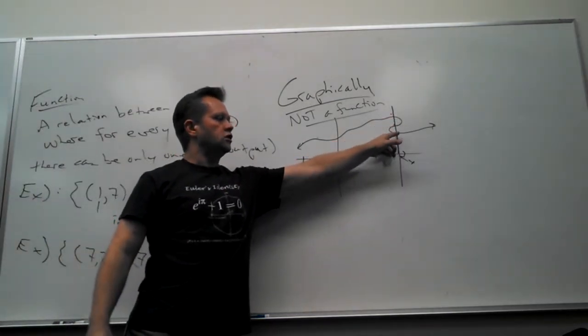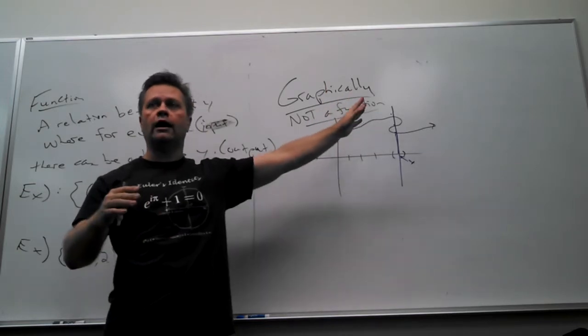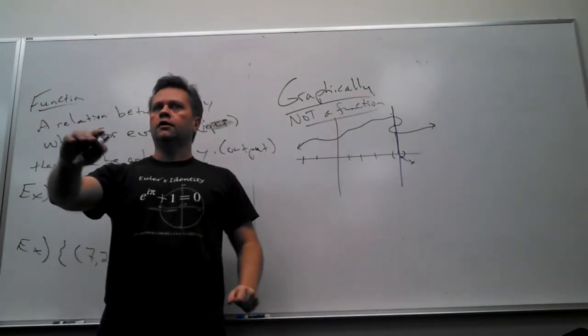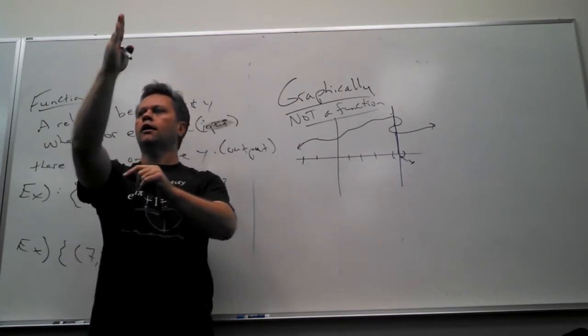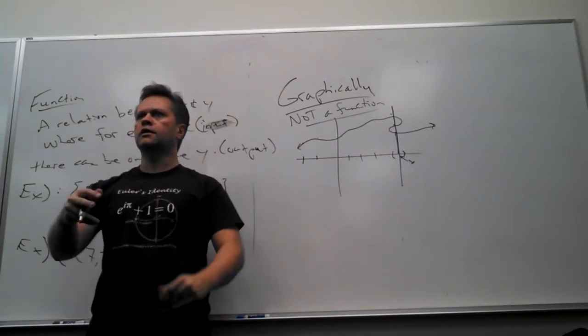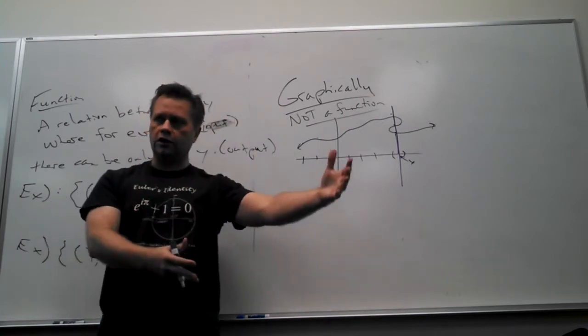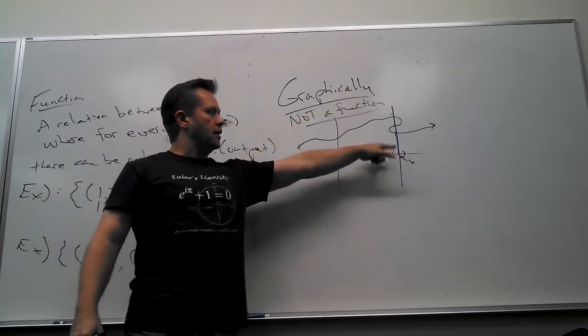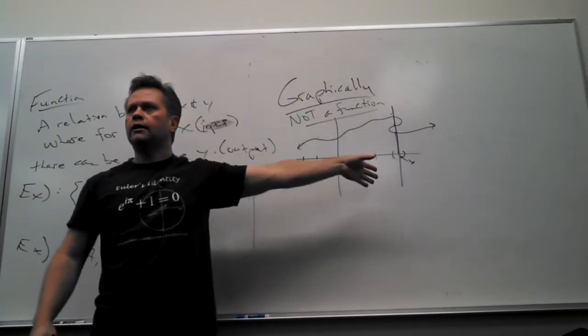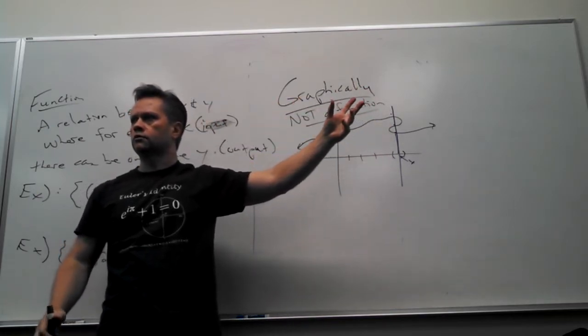If it goes through the graph more than once, it's not a function, because that would mean that x value has more than one output, more than one y value. Does that make sense? So the definition is for every x there can be only one y. Visually, that means a vertical line cannot go through more than once.